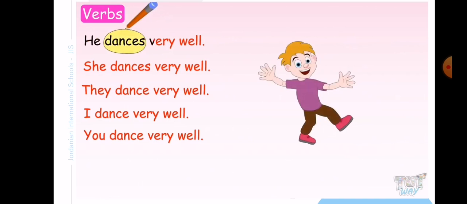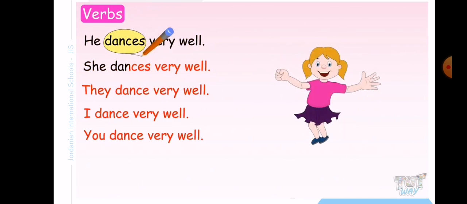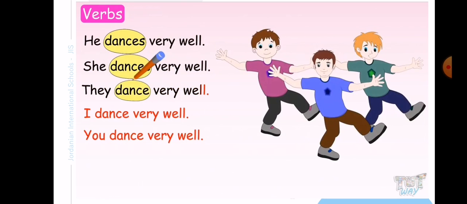He dances very well. She dances very well. They dance very well. I dance very well. You dance very well. So kids, what do you observe here? The verb in these sentences is either dance or dances.